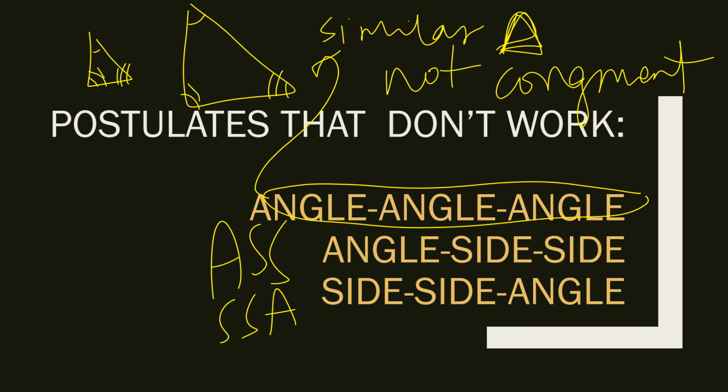Just trust me, these produce triangles that look very similar oftentimes, but not the same. Not the same shape, not the same size, so therefore not congruent.